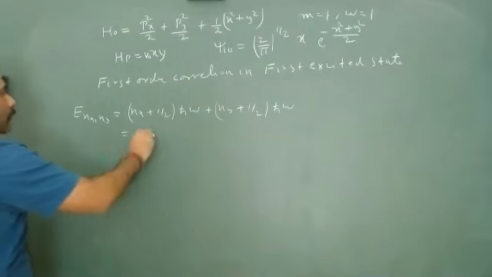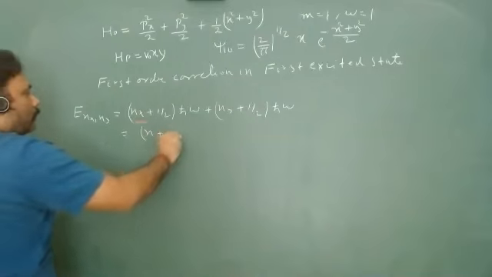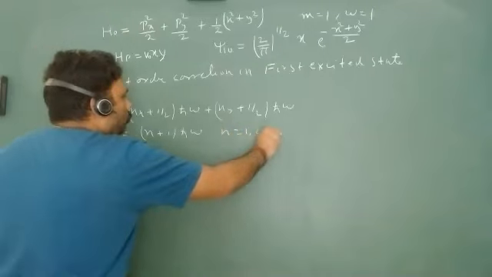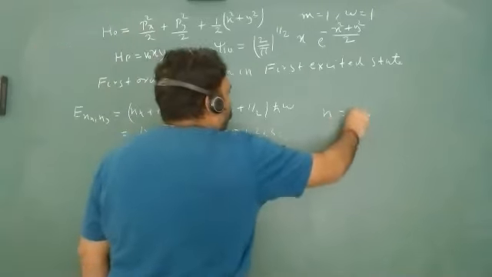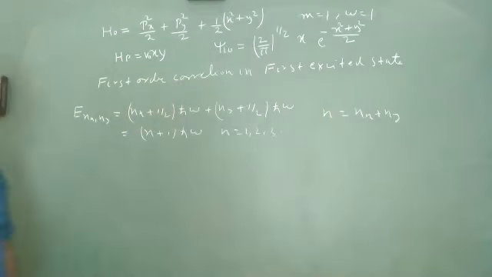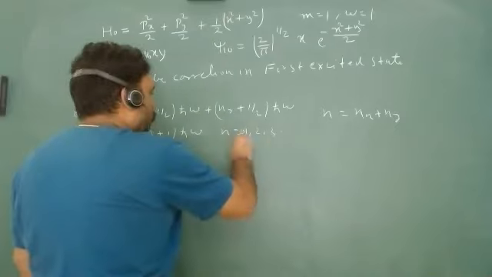So this will be (n plus 1) h cut omega, where n is equal to nx plus ny. You remember all this? And n is equal to 0, 1, 2, 3.